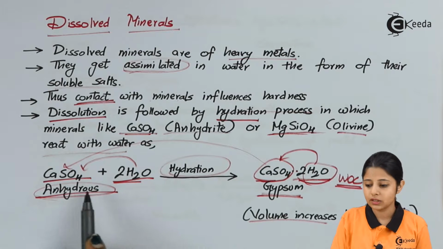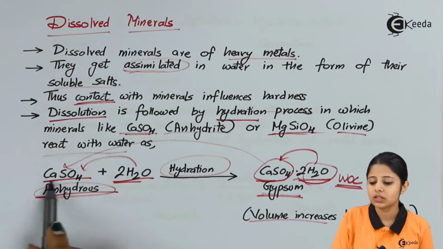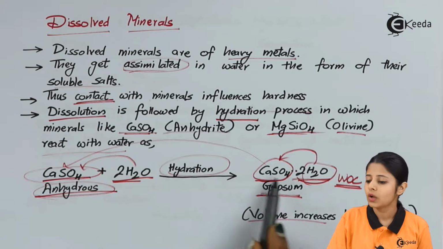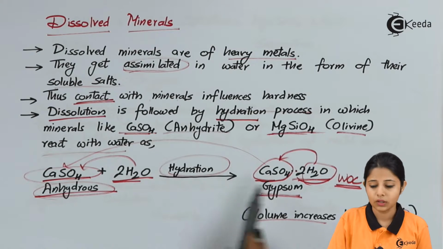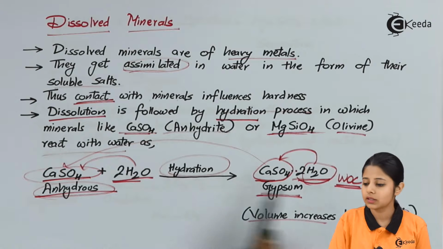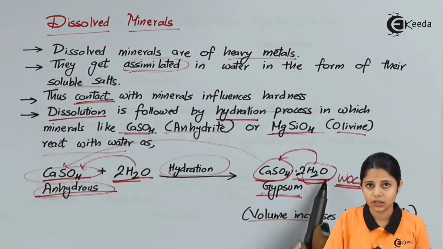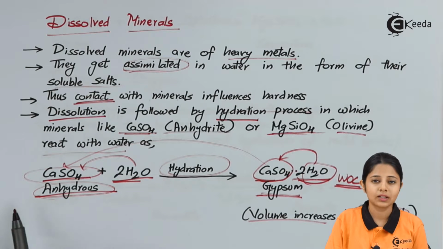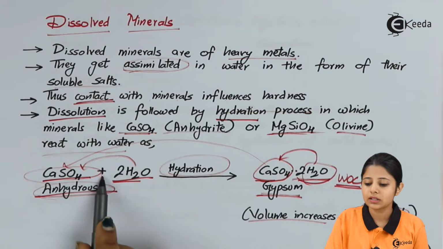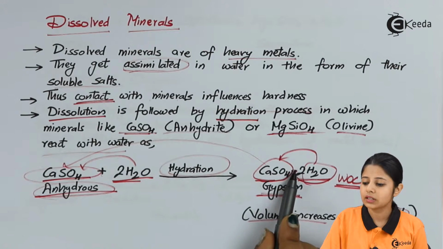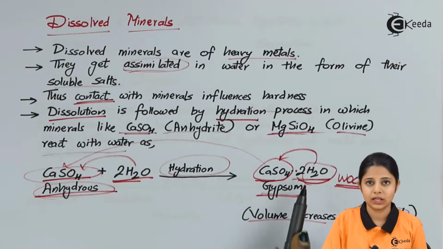Now let's see the balancing of it. I have one CaSO4 on the reactant side, one CaSO4 on the product side, two water molecules on the reactant side, two water molecules on the product side. The only difference between the reactant side and the product side is that the reactant side has a plus sign, but on the product side it's a dot. That means it is water of crystallization.